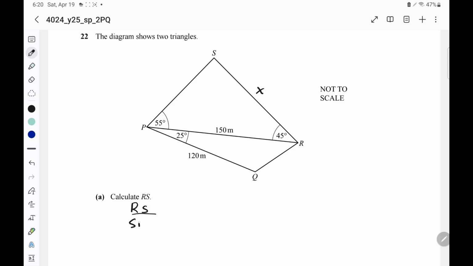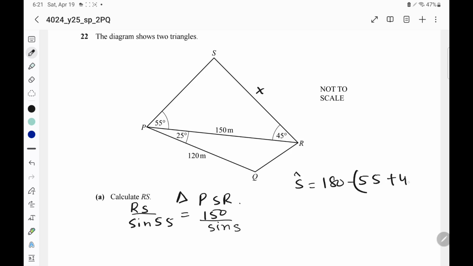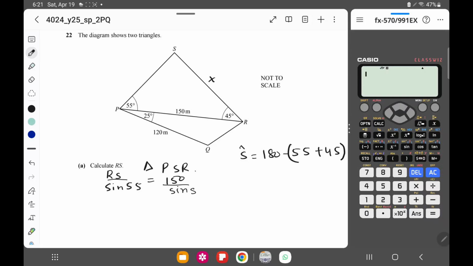RS upon sine of 55. I'm taking triangle PSR, which is equals to 150 upon sine S. Angle S is equals to 180 minus 55 and 45. So that is equals to 80 degrees.